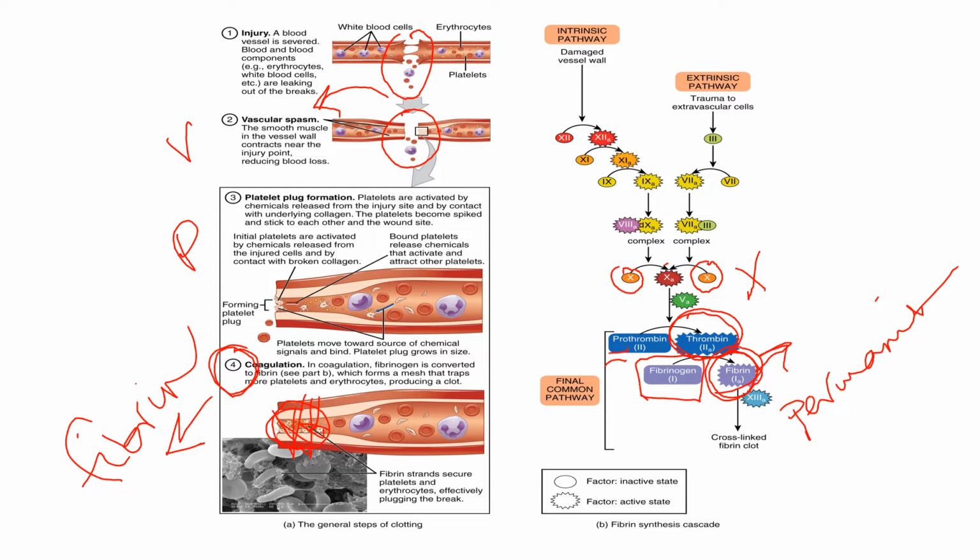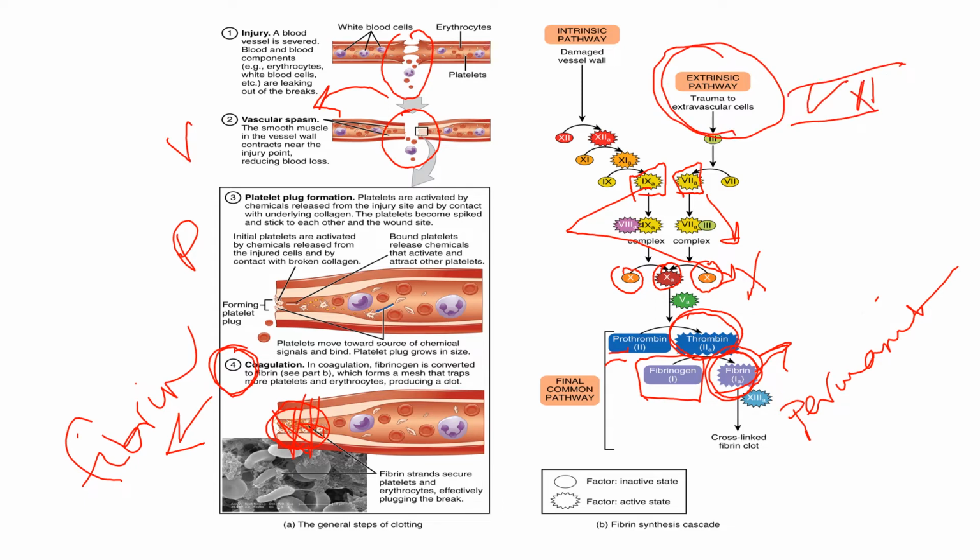To activate factor 10, you need another factor, which is either factor 7 or factor 9. Factor 10 can activate factor 2, and factor 2 can activate factor 1, which is fibrinogen. How can you activate factor 10? We said you need either factor 7 or factor 9. So you have two pathways to activate factor 10: either the extrinsic pathway, which starts with factor 7, or the intrinsic pathway, which starts with factor 12.